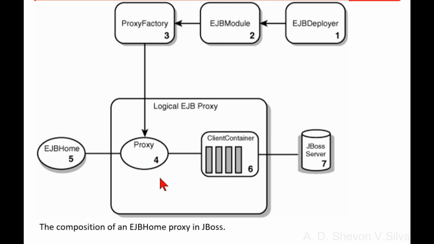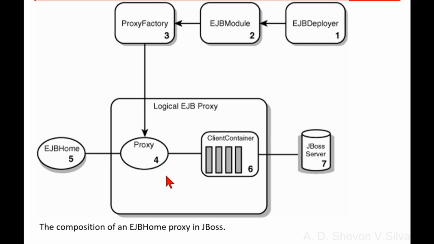The proxy created by the EJB proxy factory is a standard proxy. It is a serializable object that proxies the EJBHome and remote interfaces as defined in the EJB module metadata. The proxy translates the request made through the strongly typed EJB interface into the untyped invocation using the client container handler associated with the proxy.